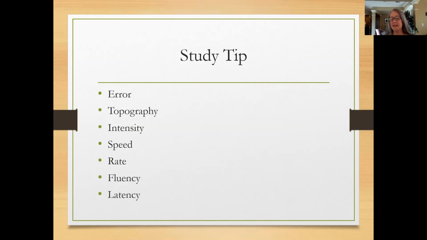As a study tip, it's going to be really important that you know these really common dependent variable measures: error, topography, intensity, speed, rate, fluency, and latency. I think it's best that you not just memorize the definition that's in the book. Simply memorizing that definition will not let you know this information at the level at which you need to know it to succeed in the course.